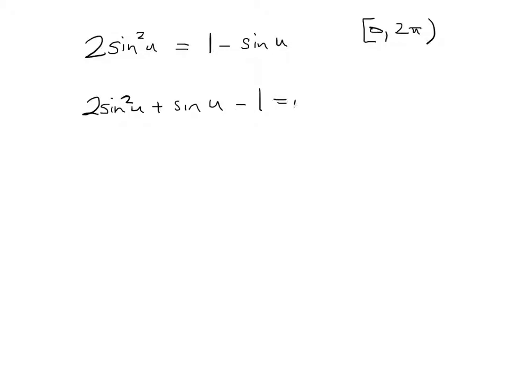Sorry, you said equals and you meant plus, but it's fine. Let's factor. Can we factor? One thing to do is you could just say something like s equals sine u if you insist on making it easier to read.